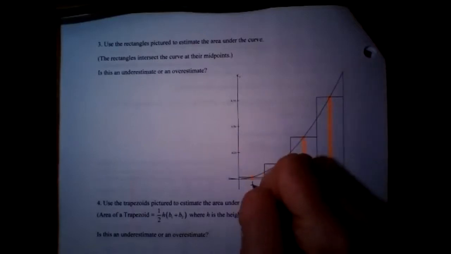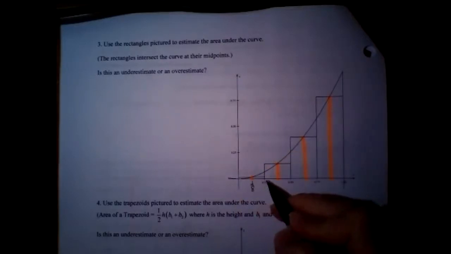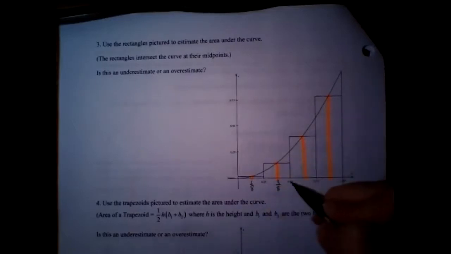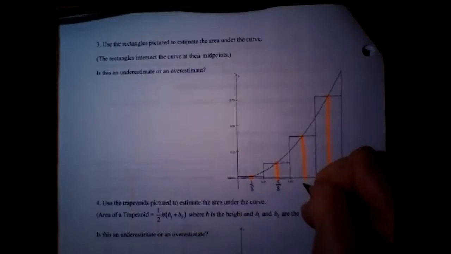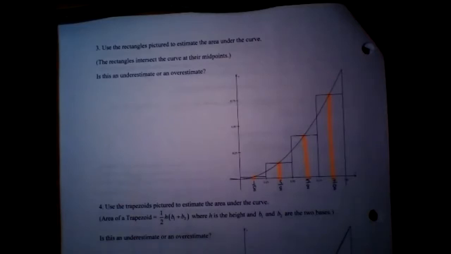Halfway in between is going to be 1/8. And then you can just count by 8ths. This is 1/8, a 4th is 2/8, this one's 3/8, a half is 4/8, 5/8, 6/8, 7/8. And so those are the values that we're plugging into the function to get those heights that I highlighted.